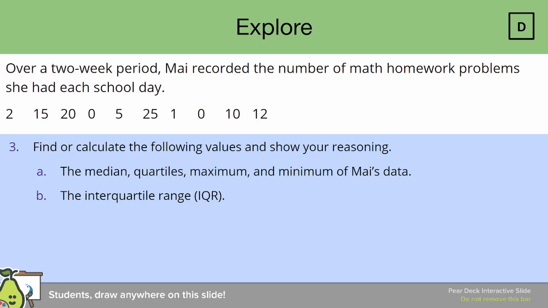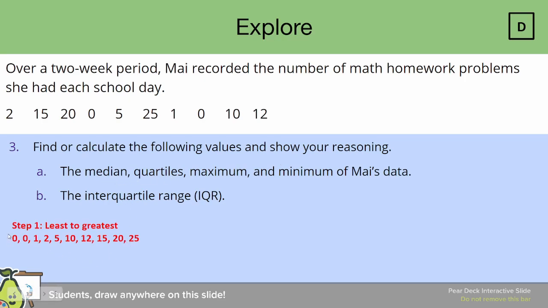All right, welcome back. Let's do this one together. Part A, it says to find the median. In order to find the median, please be reminded that one of the first things that you must do is take your values and order them from least to greatest. If you did this correctly, you should have gotten the following numbers: 0, 0, 1, 2, 5, 10, 12, 15, 20, 25.